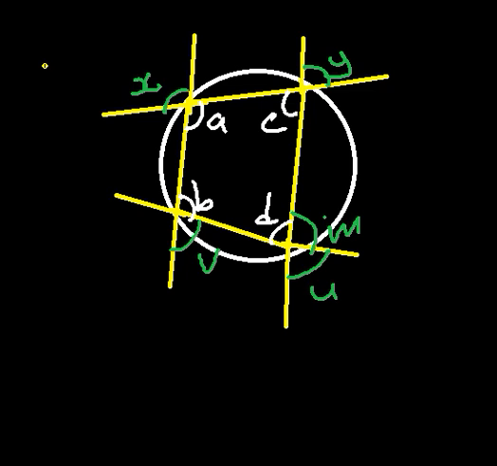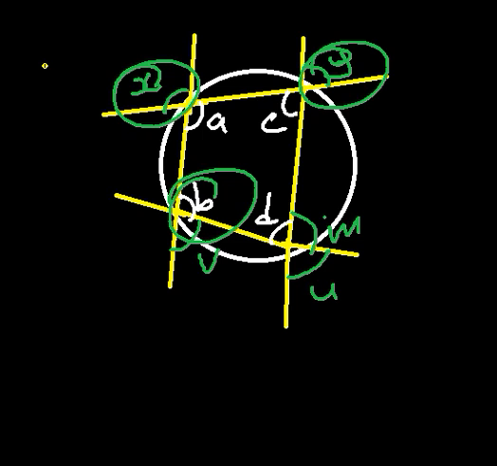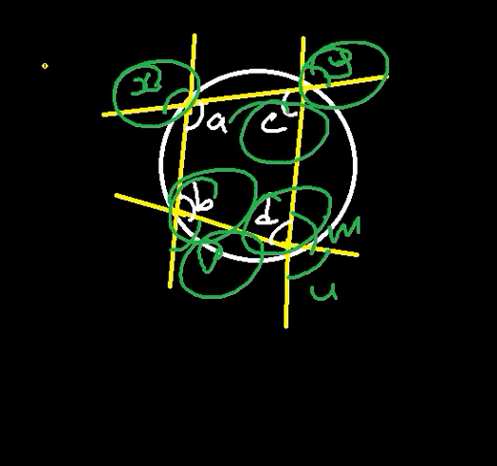First you should understand that this angle M is the same as angle A, this angle Y is the same as angle B, the angle X is the same as angle D, and angle V is the same as angle C. So that's the principle behind that theorem, which states that the exterior angle of a cyclic quadrilateral is equal to the opposite interior angle. So that's the principle behind it.